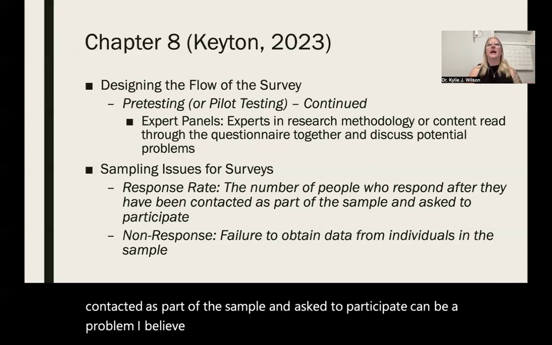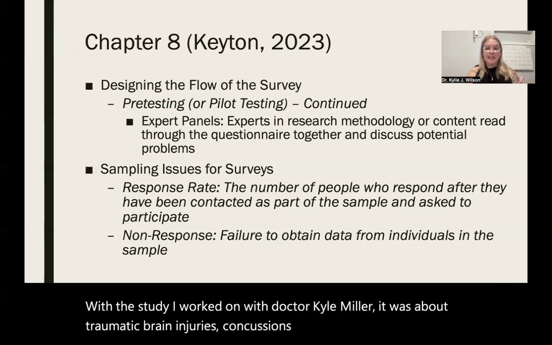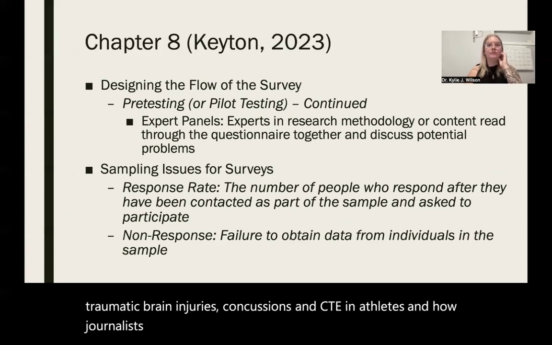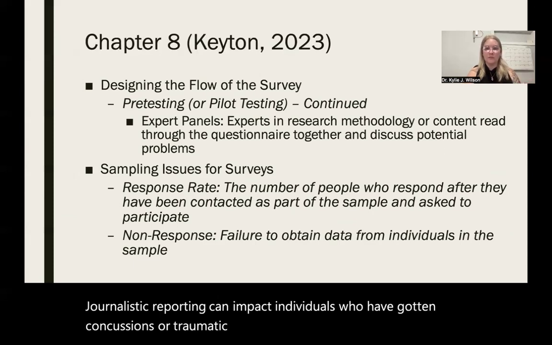I believe I talked about this last week, but with the study I worked on with Dr. Kyle Miller, it was about traumatic brain injuries, concussions, and CTE in athletes and how professional journalistic reporting can impact individuals who have gotten concussions or traumatic brain injury, just by the words that they use, colloquial terms, right?